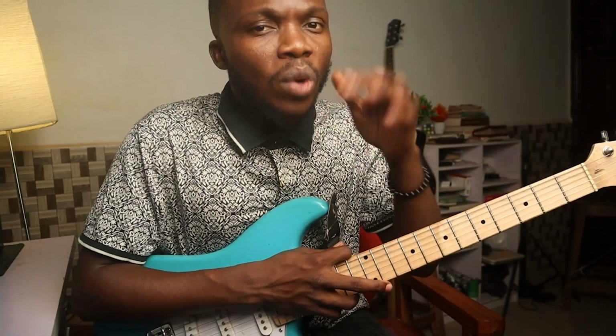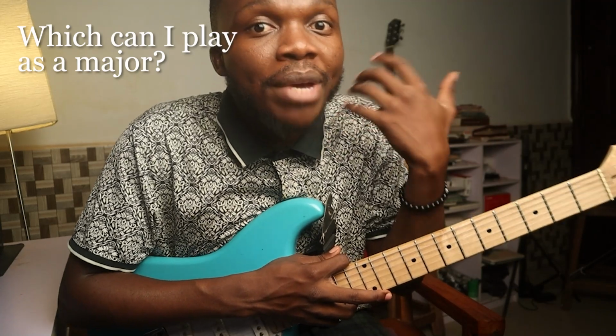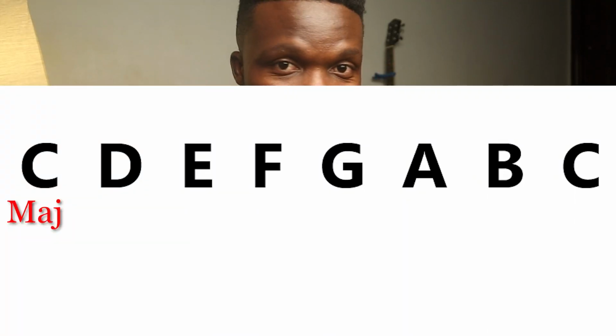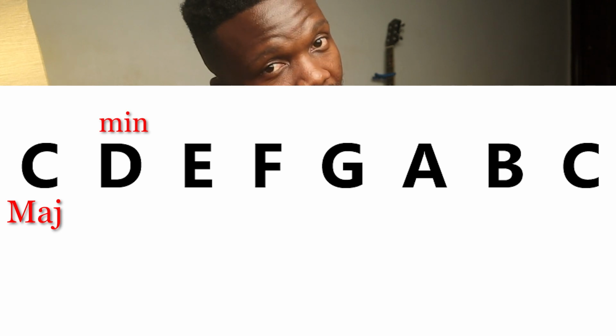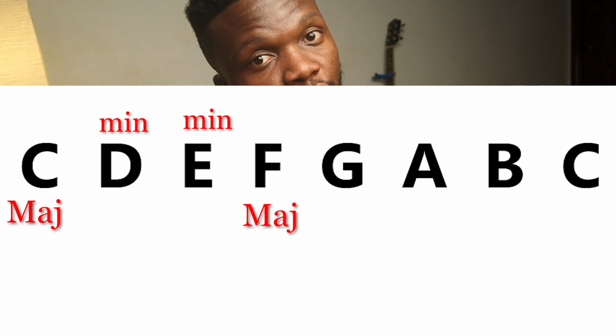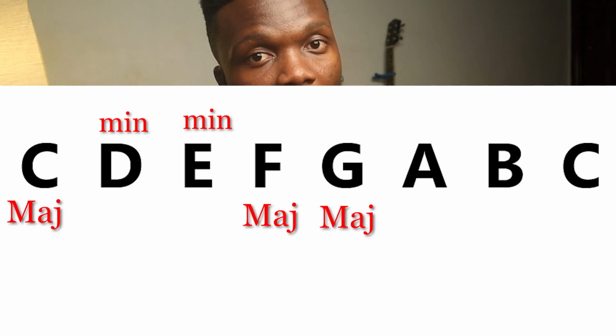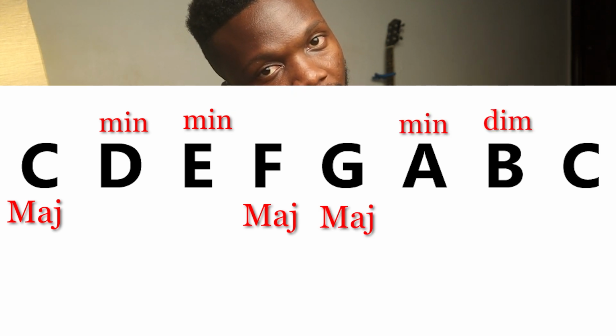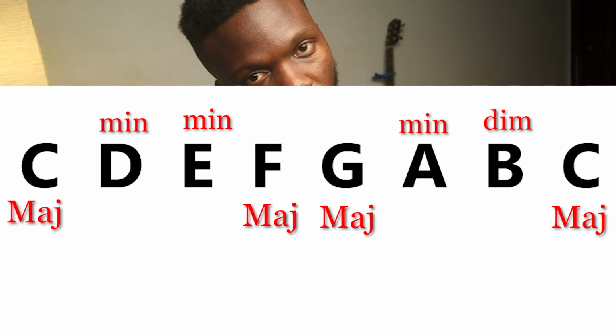Now, having that in mind, we'll ask ourselves, what are the notes in the major family? These are the notes in the major family. Do is obviously major, but Re is minor, Mi minor, Fa major, Sol is our major, La minor, Ti is usually diminished, but we can put it under minor.